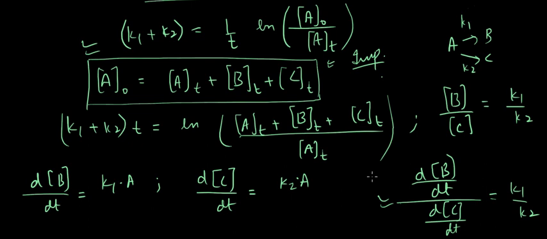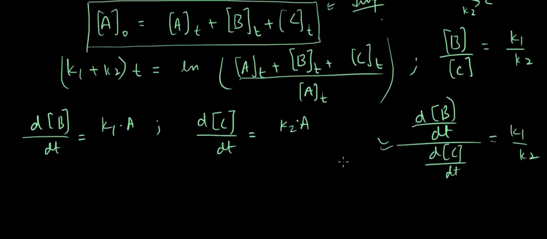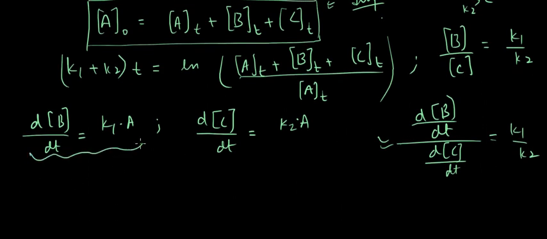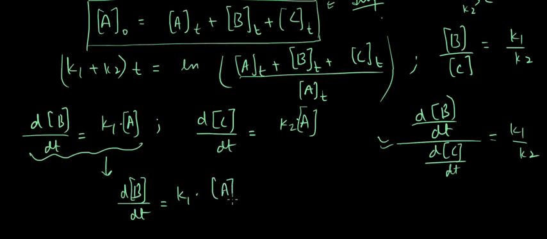Okay, so moving forward, we know that dB by dt is equal to K1 times concentration of A. So what can concentration of A be written as? Concentration of A can be written as A naught e to the power minus K1 plus K2 times t.